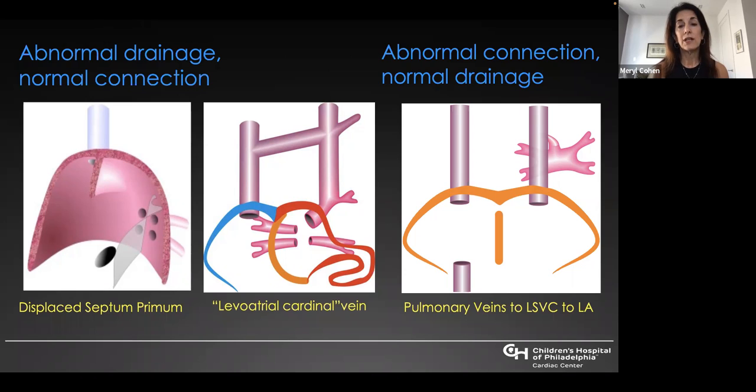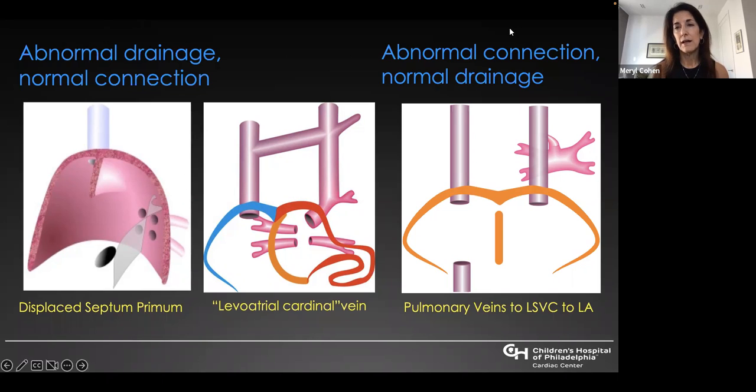The pulmonary veins are connected normally, but they try to find a means to get out because there's severe obstruction to flow. And so the left atrium develops these pathways, levoatrial cardinal veins, which make their way back to the systemic venous circulation. And then finally, you can have abnormal connection with normal drainage.